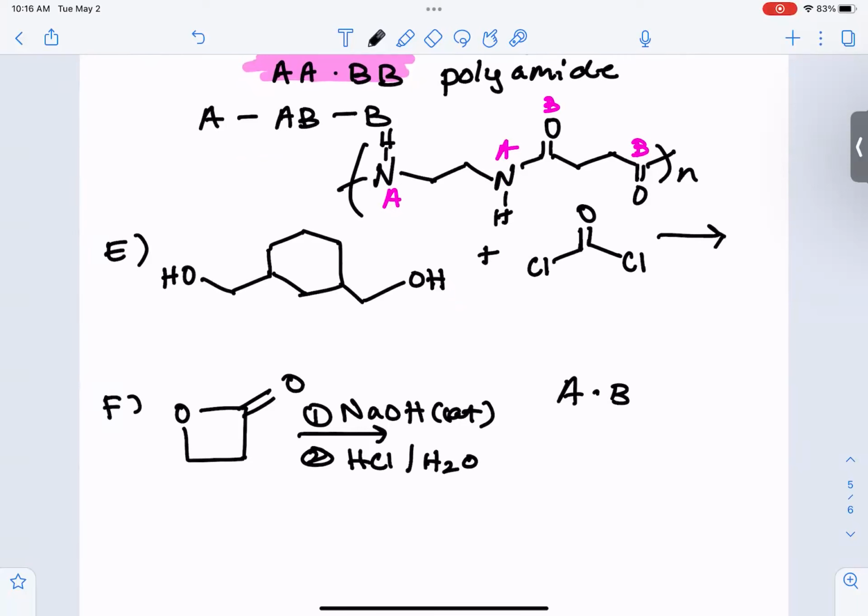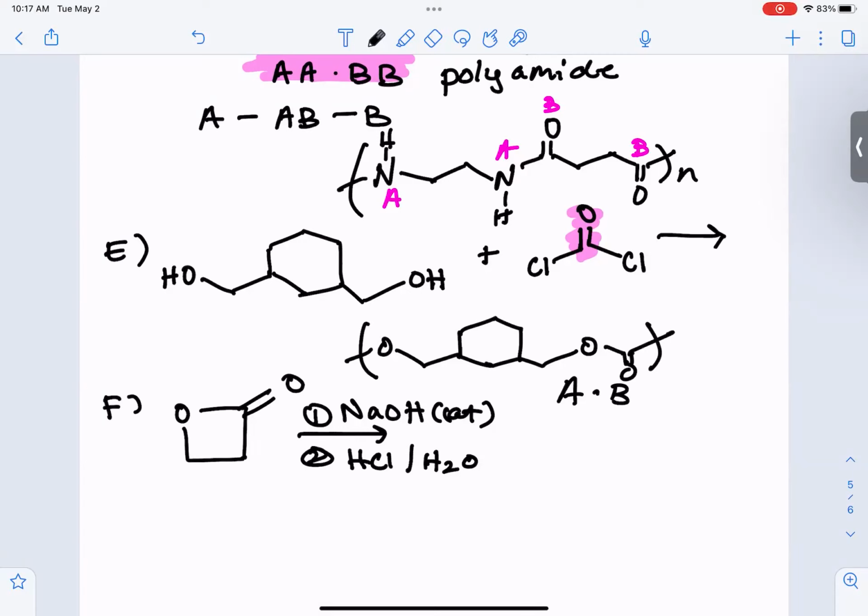So then the next one. This one's a little bit trickier because there's no chain here, just the one atom, okay? So here, you're going to have... This one's a little bit harder.